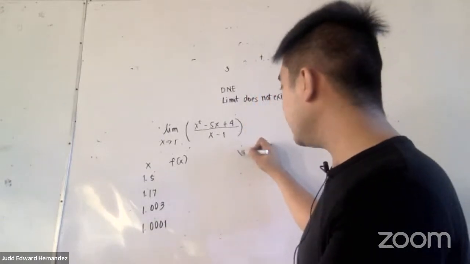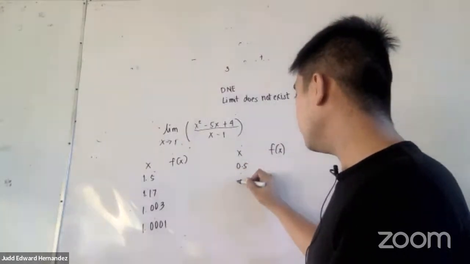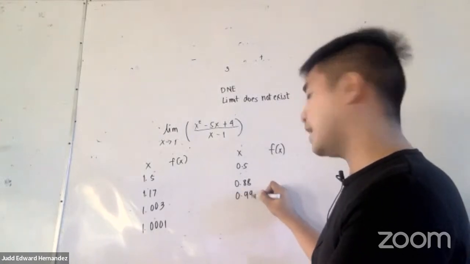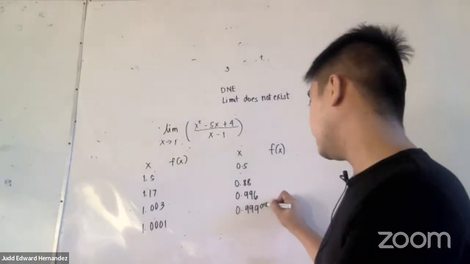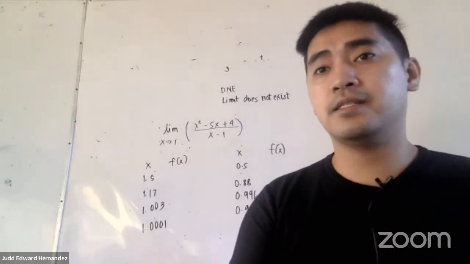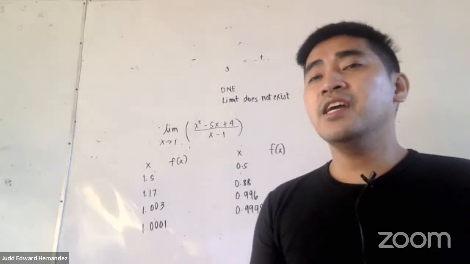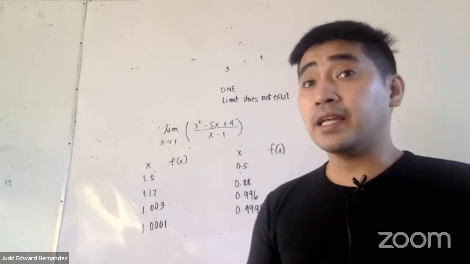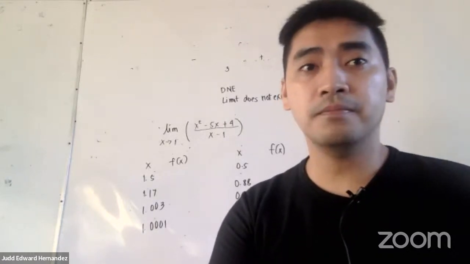And for the other side, we are given 0.5, 0.88, 0.996, 0.9999. Okay? I'm giving you 3 minutes to give me the exact answer and then to identify whether the limit exists or whether the limit does not exist. Okay?